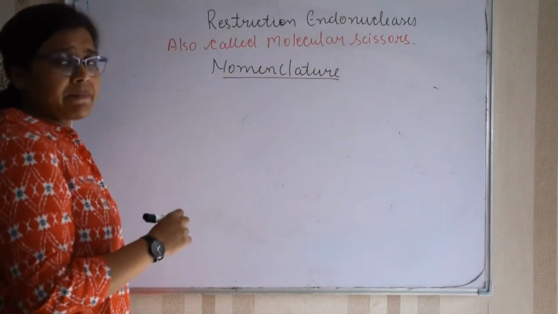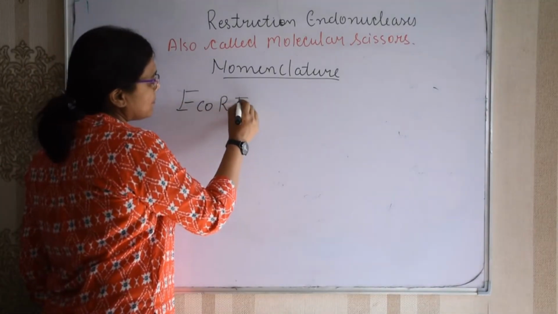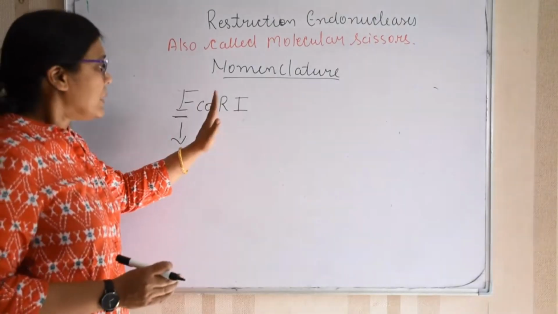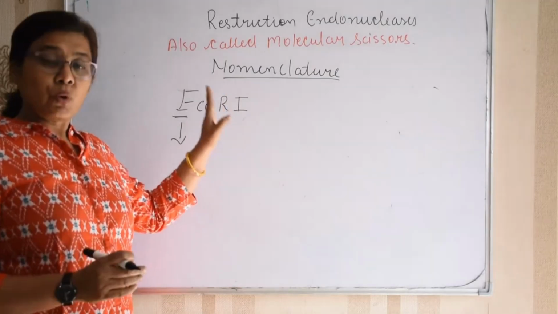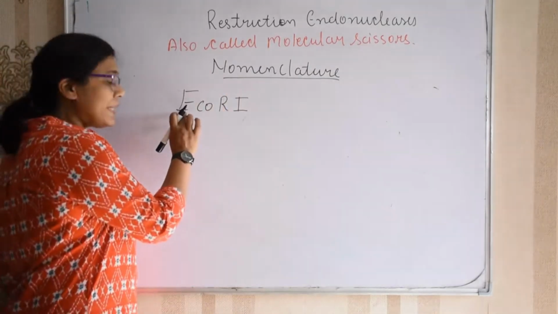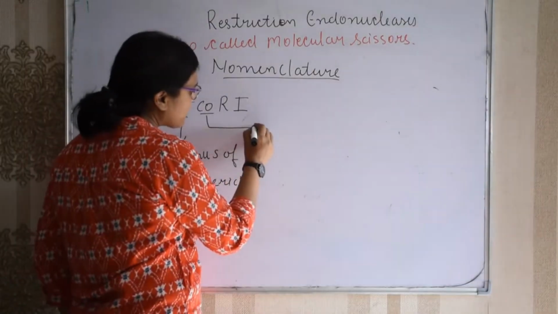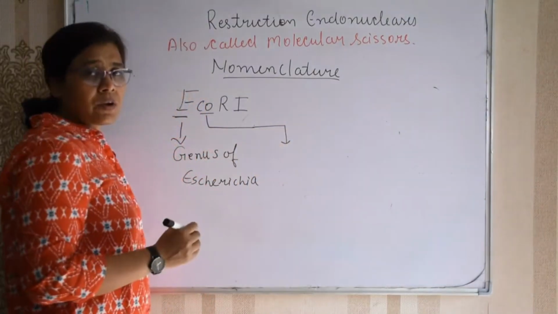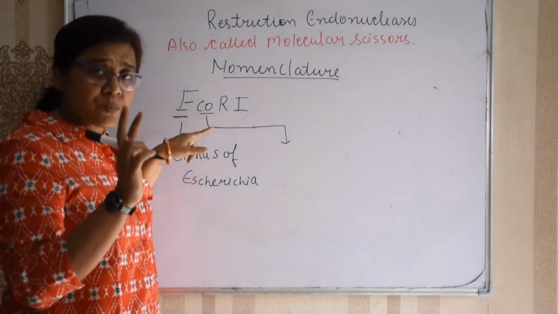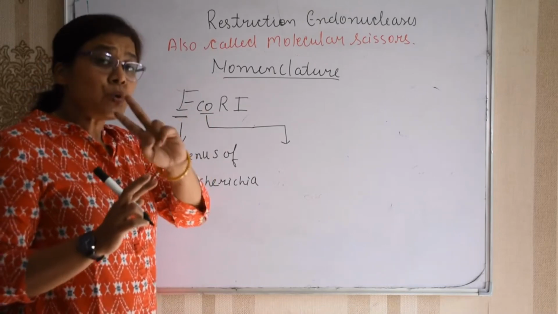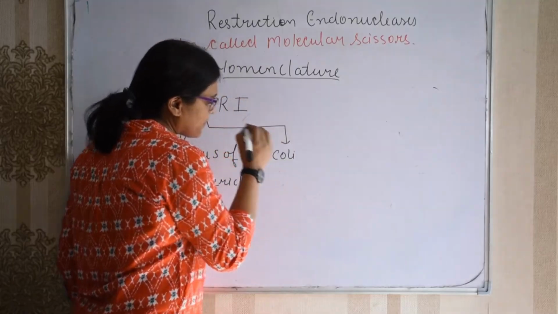Nomenclature. Here I am giving one example, EcoRI. This EcoRI is obtained from E. coli, which is present in the colon of human beings. So E stands for the genus of the organism. Co, written with small letters, stands for the first two letters of the species, that is coli.